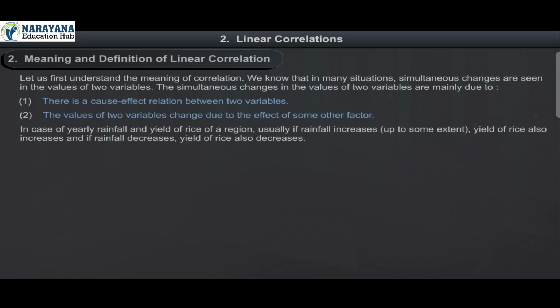In case of yearly rainfall and yield of rice of a region, usually if rainfall increases, up to some extent, yield of rice also increases, and if rainfall decreases, yield of rice also decreases. So, rainfall is a cause and yield of rice is an effect.